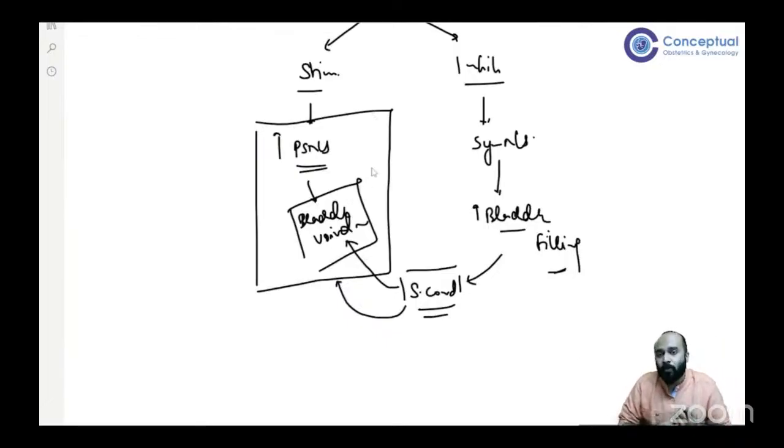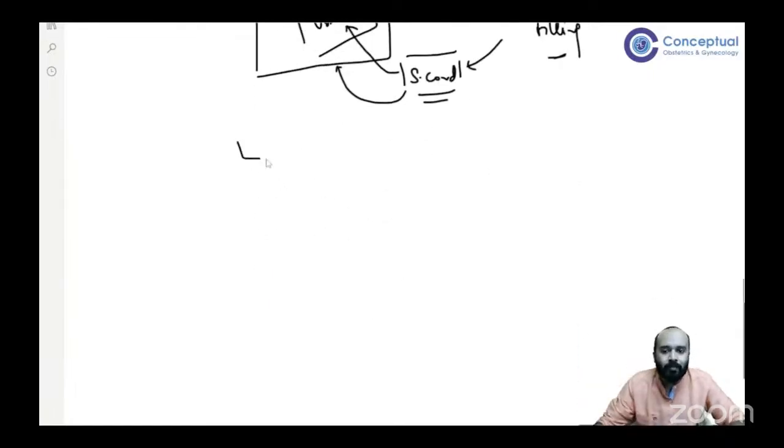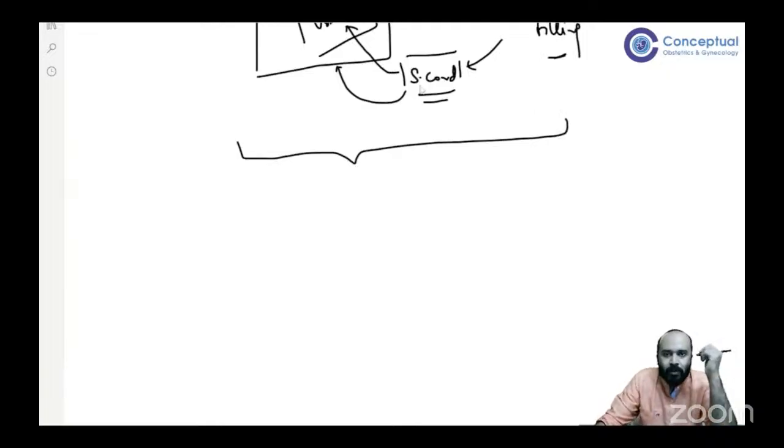That is how, with the help of the pons and spinal cord, the balance between parasympathetic and sympathetic nervous system is maintained, and any defect in this mechanism, in any of the adrenergic or cholinergic receptors, is going to lead to something called urinary incontinence.